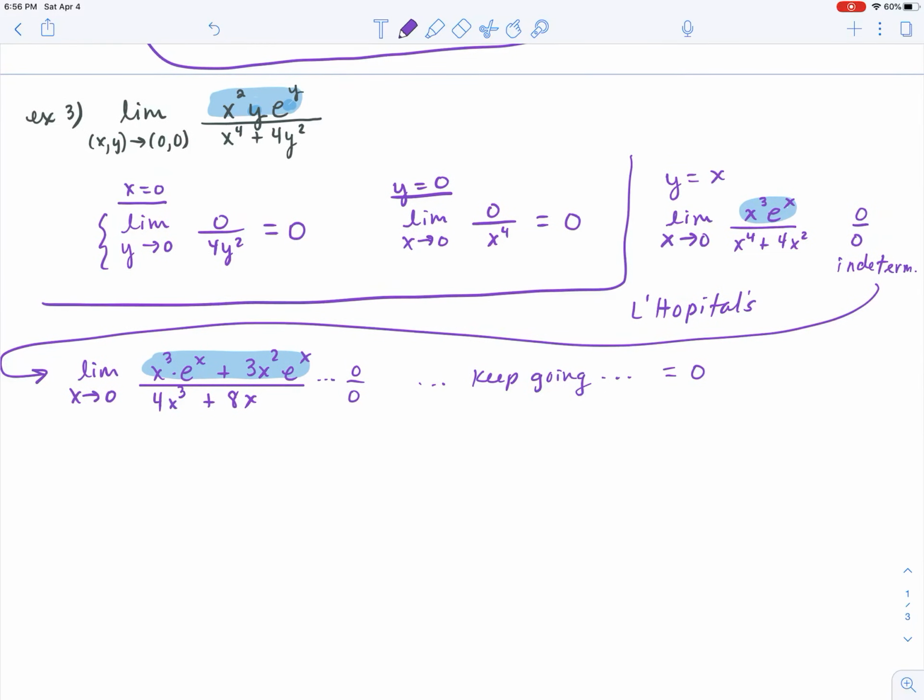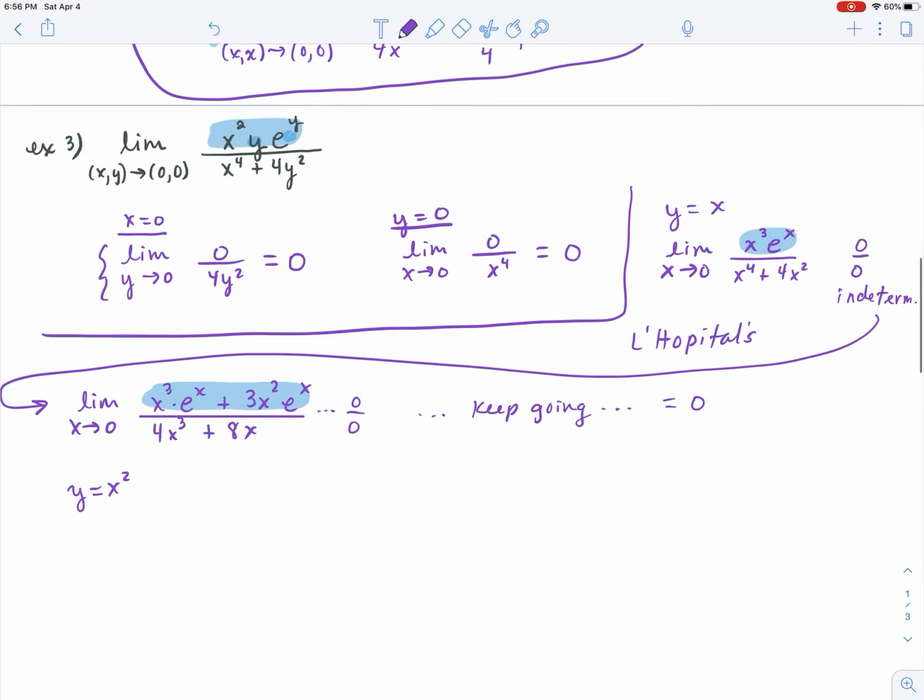Now, the next one that is like your typical approach to try is y equals x squared. And let me show you why this one is going to work. That's because this y squared and this x to the fourth, one of our issues is that those aren't like terms. But this substitution will facilitate that. So let's go ahead and do that one.